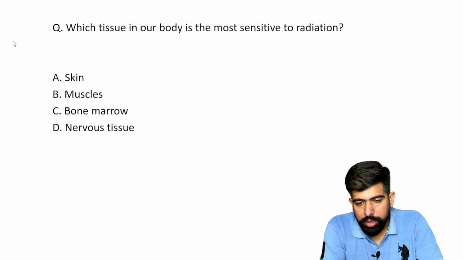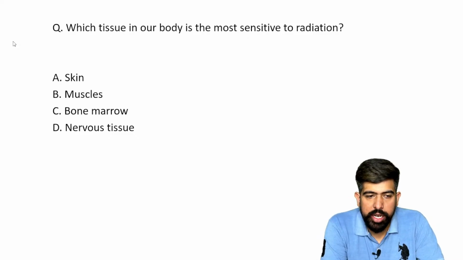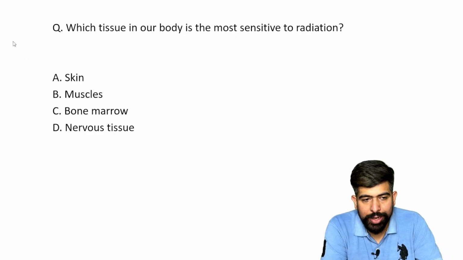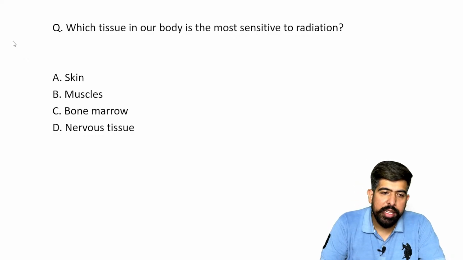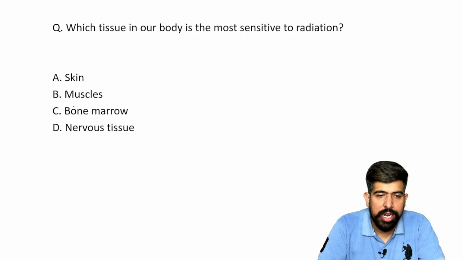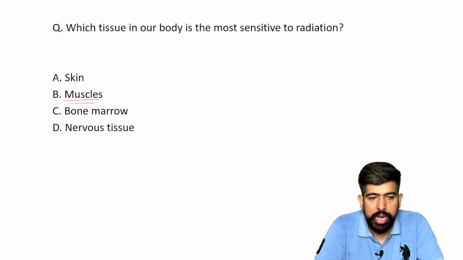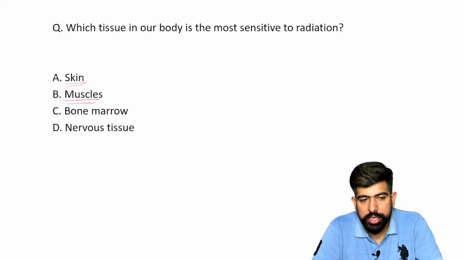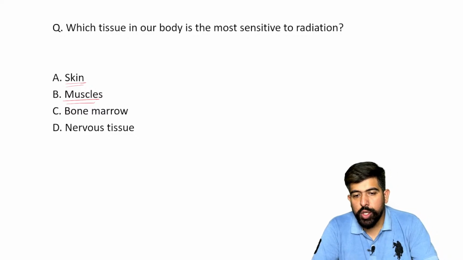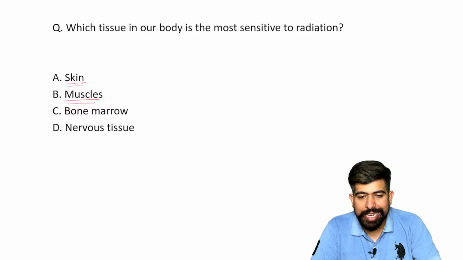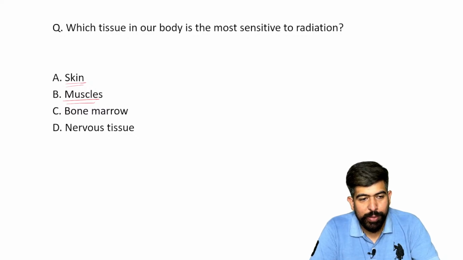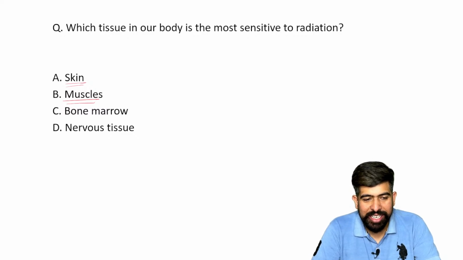Muscles are not the more sensitive, and skin is not even more sensitive either. But bone marrow and nerve tissue are the two options making it a little confusing: bone marrow or nerve tissue, right?